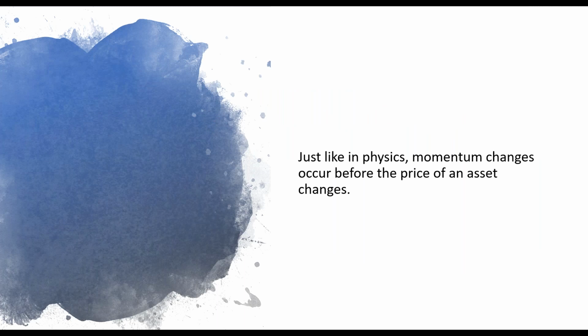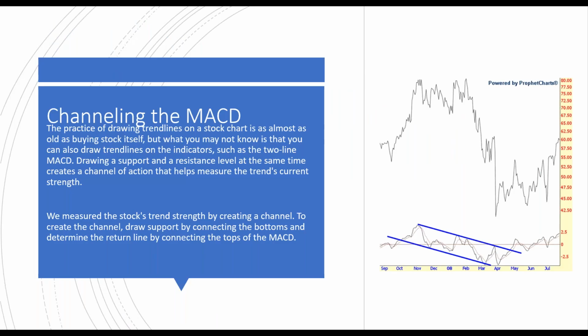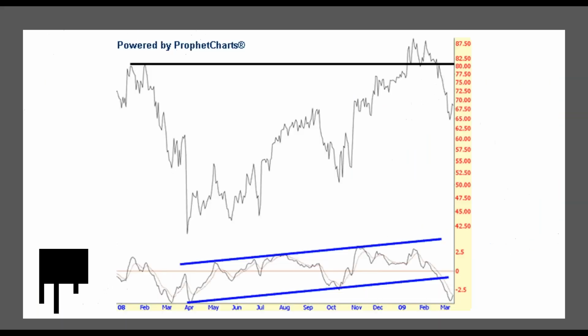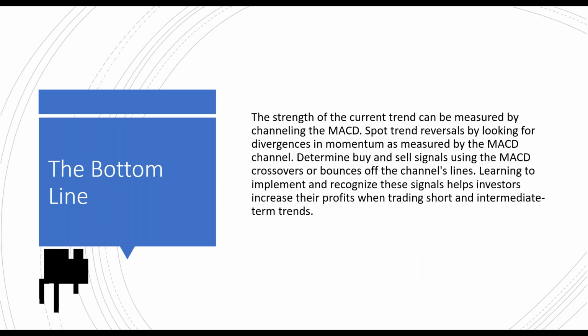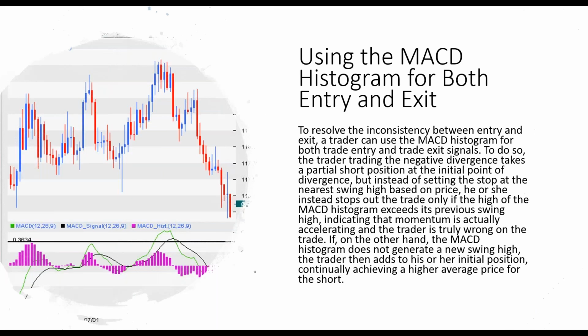Just like physics, momentum changes occur before the price of an asset changes. And MACD can give us these pre-warnings. The strength of the current trend can be measured by channeling the MACD, spot trend reversals by looking for divergence in momentum, and determine buy and sell signals using crossovers and bounces.